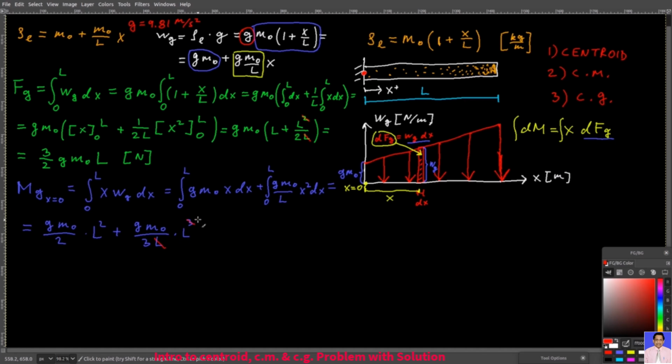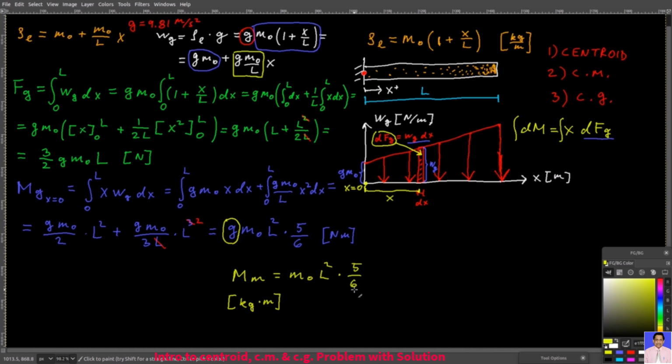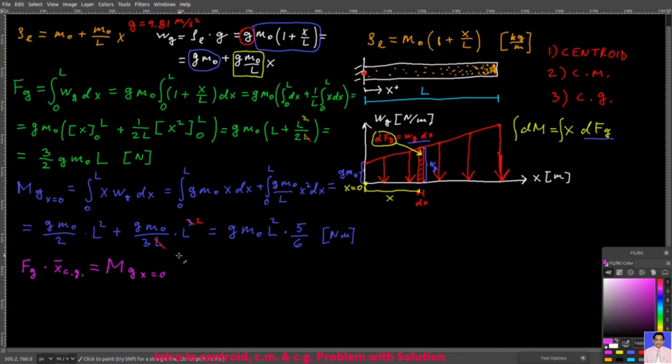Then I can make some cancellations here, and in the end I will have this result. Again, remember when we dealt with masses, then we had kilograms times meters, and it was this result. And now the only difference is that we have this g here. That's the only difference. And now you have force of gravity times the center of gravity, and that gives you this moment about the point at x equals 0 meters.